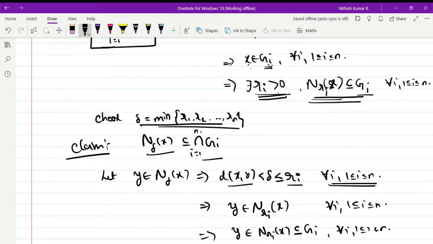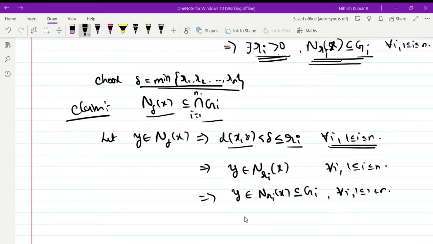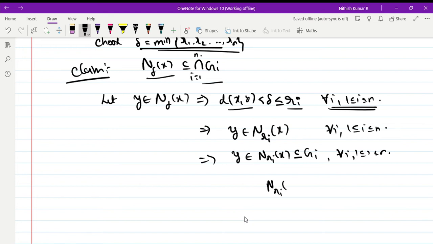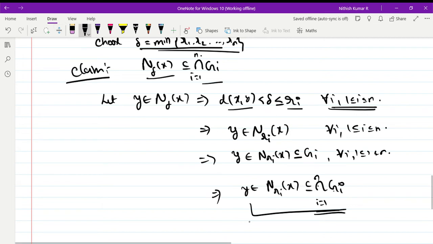Now since N_Ri of x is contained in each Gi, we get that y belongs to the intersection of Gi, i from 1 to n. This implies my claim holds, that is, N_delta of x is clearly contained in the intersection of Gi, i from 1 to n.